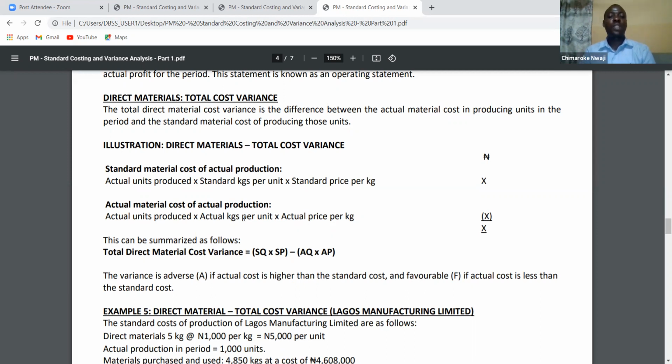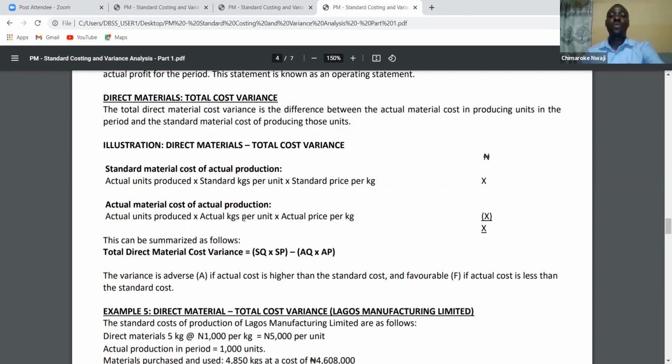So standard quantity for actual production times standard price, now minus actual quantity for actual production times actual price. So if the variance is adverse, that means the actual cost is higher than the standard, and we use an A for that.